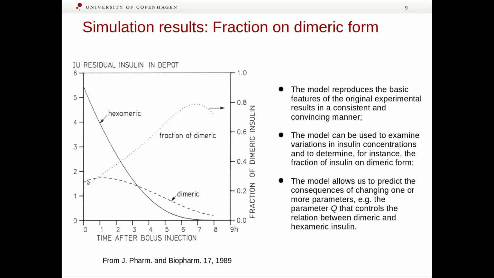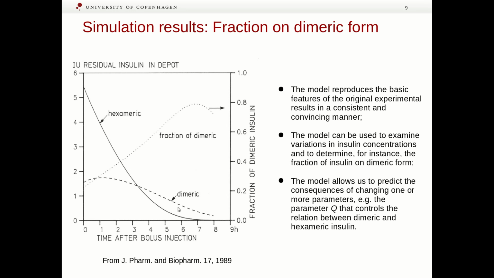During this period here, the dimeric insulin is being absorbed, but it's renewed again by the decreasing hexameric insulin. So the hexameric is transformed into dimeric, and the dimeric is absorbed, and this continues until the hexameric curve falls below the dimeric curve. Then the dimeric insulin also starts to be absorbed at a much lower rate until it finally dies out.